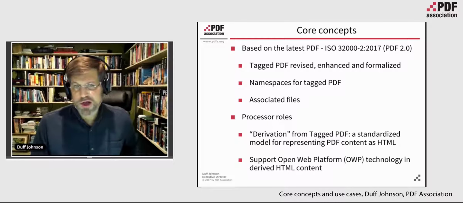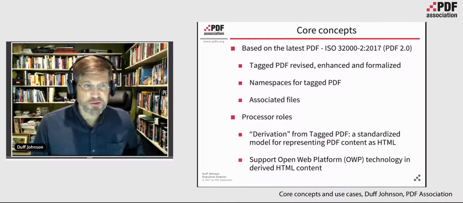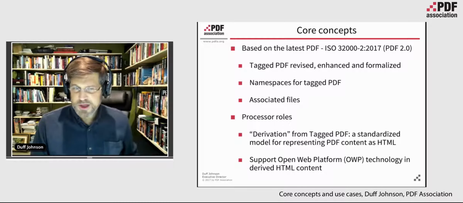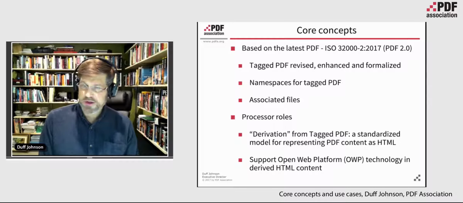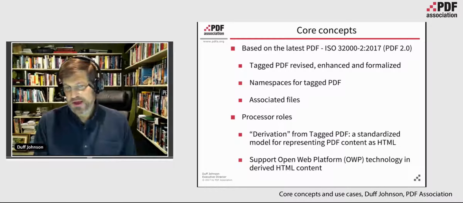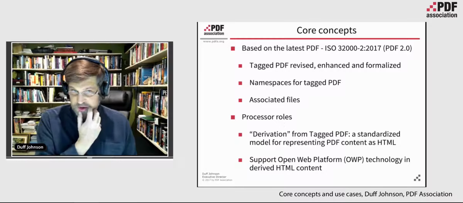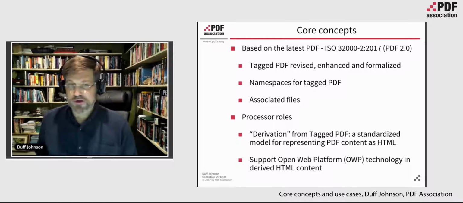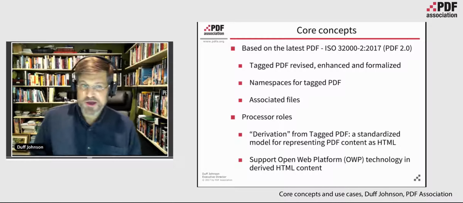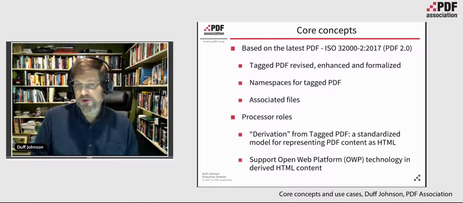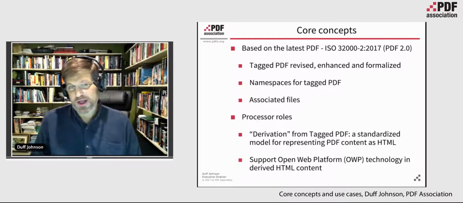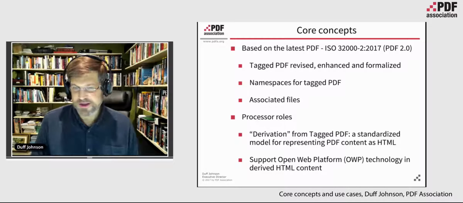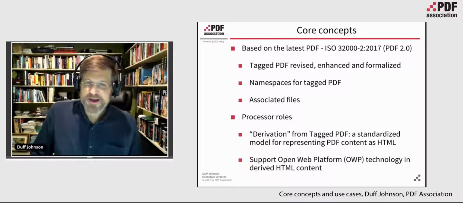So, some of the core concepts, I've mentioned some of these previously. It's based on the latest ISO 32000 Part 2. Believe me, it's a little strange to see 2017 appear after the -2 number. As a project leader, I've been waiting for a very long time to actually be able to put a year after that number, and finally that year is here.